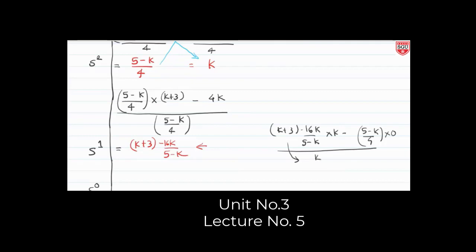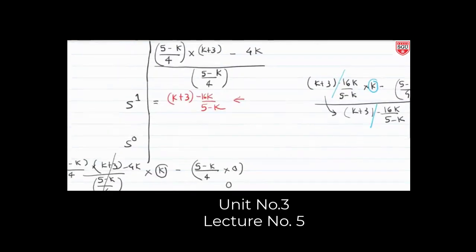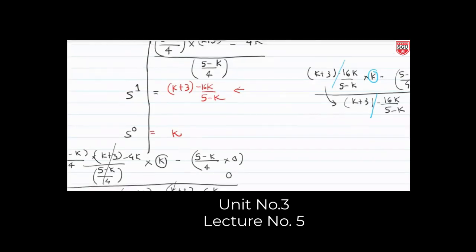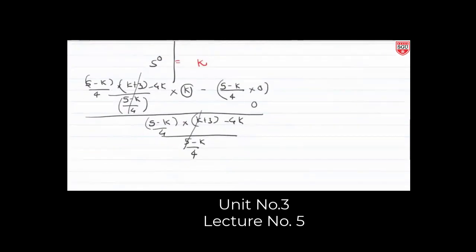So this term and this term will get cancelled, only k will remain. So the answer which you are getting is k. Is it clear? Am I correct or not? I have done all the calculations in front of you.